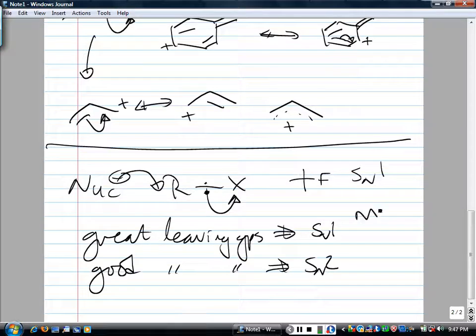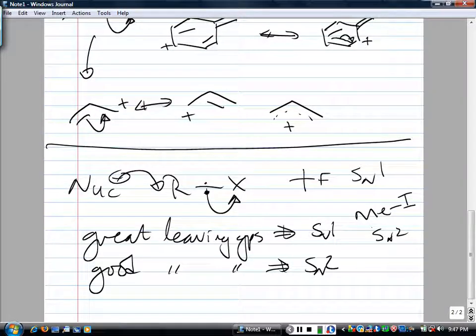If I have methyl and let's say iodide, which happens to be a very good leaving group, this is going to be SN2, because my substrate is methyl. So the nature of R defines the course of the reaction unless R is secondary. Philosophically then, a great leaving group gives me SN1, and a good leaving group will give me SN2.